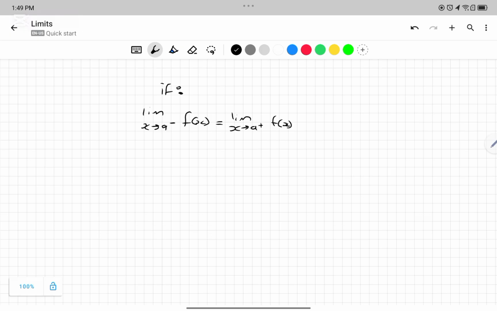Right, so this is the only time a limit will exist.